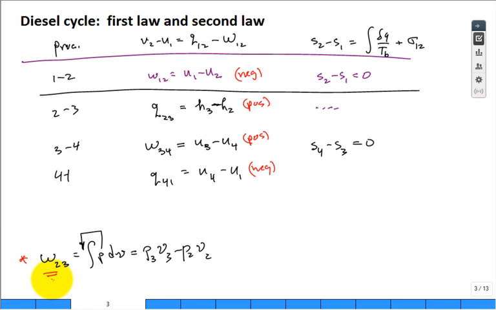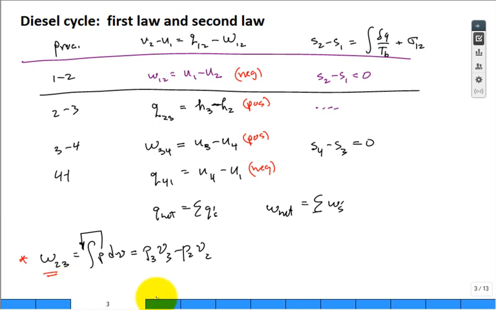So when you do the sum of the Q's to get Q net, and you compare it with W net, which is the sum of all the works, make sure that you include the work 2 to 3. Otherwise, Q net will not be equal to work net.